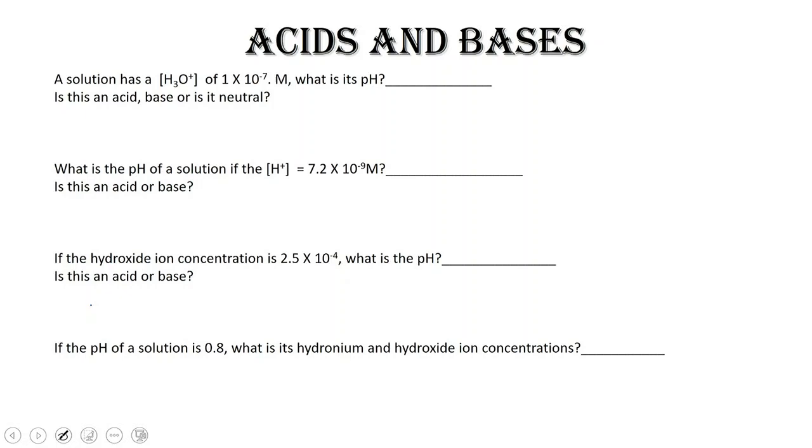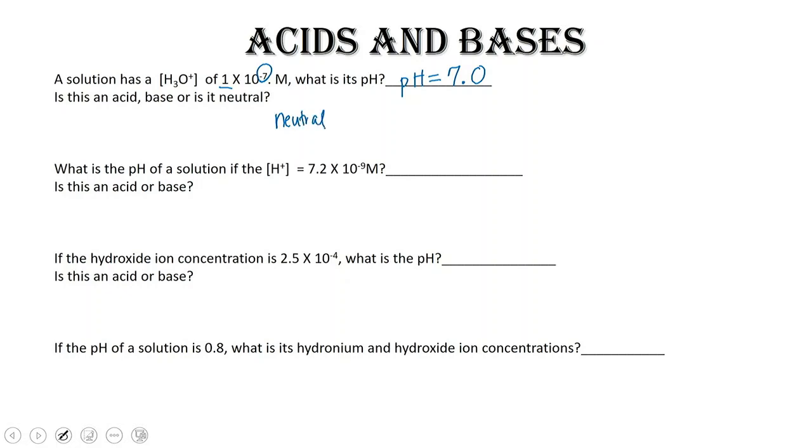What is its pH? And is this an acid, a base, or a neutral? Well, since our coefficient is 1, our pH is simply the power of 10. And we've got one significant figure in our coefficient, so we have one decimal place in our answer. Well, a pH of 7 is going to be neutral.